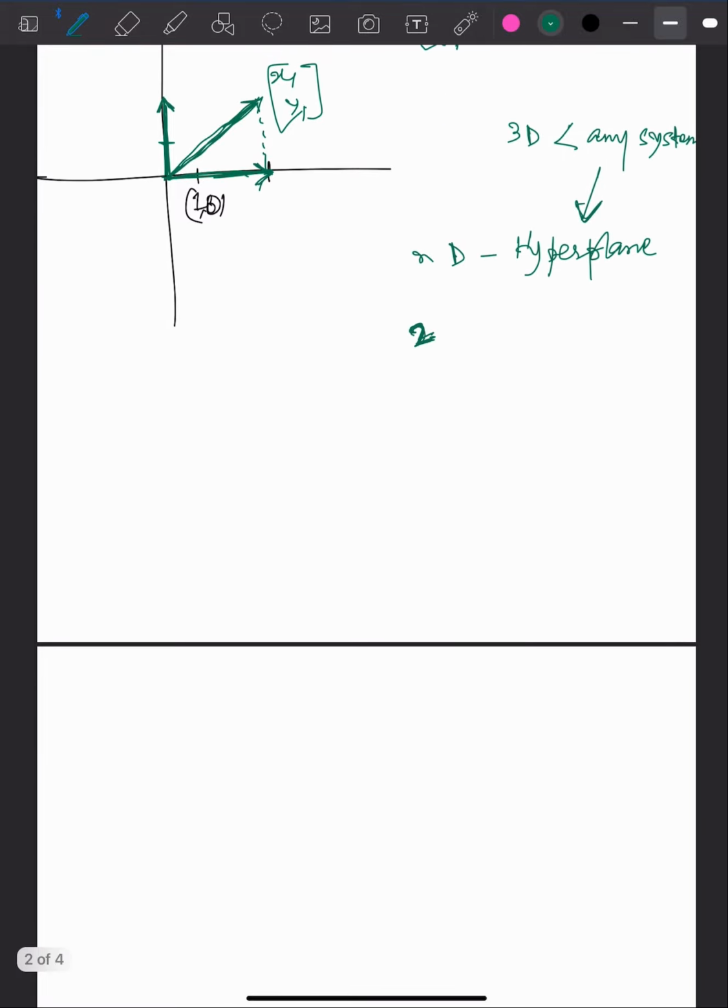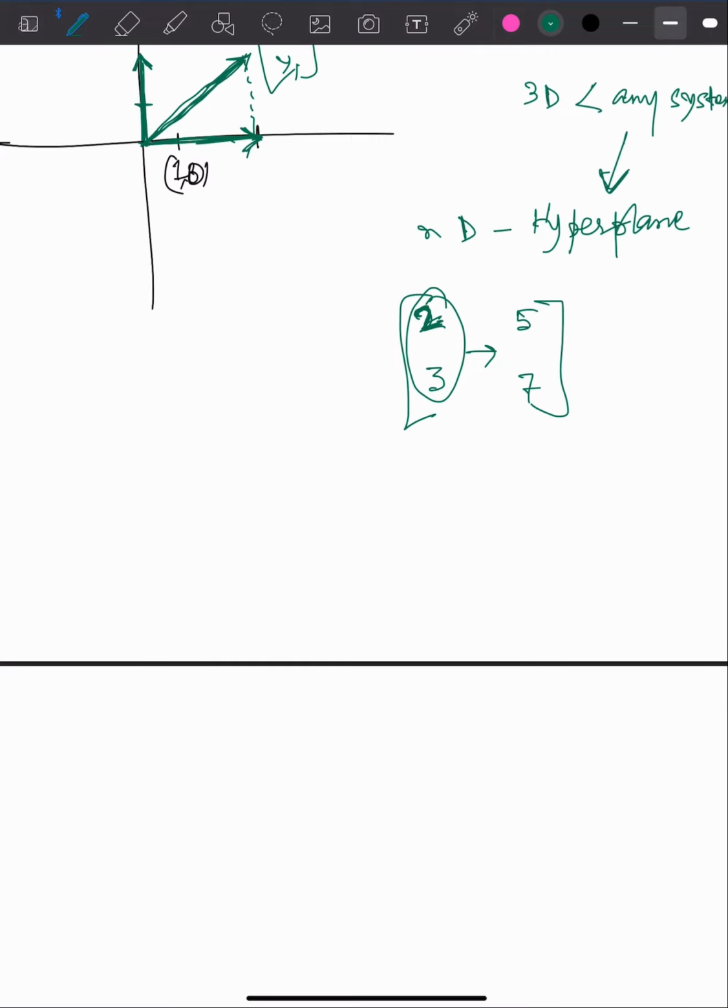Say we take 2 3 5 7 as the new basis system. We can take anything but not a scalar multiple of the other one. There has to be an angle between them, whatever the angle is.